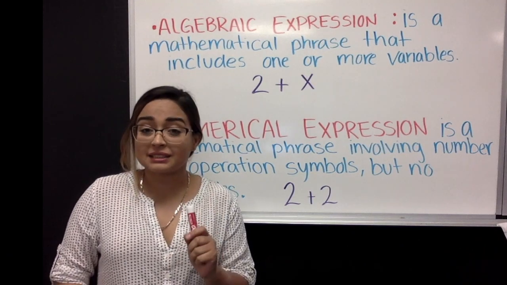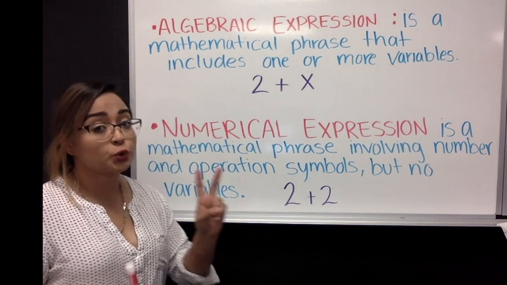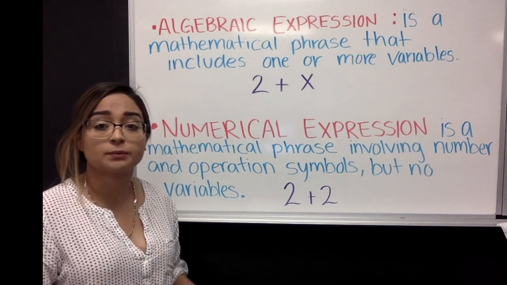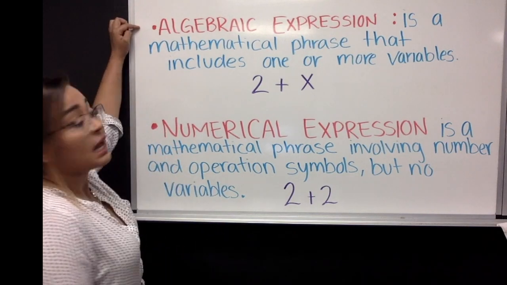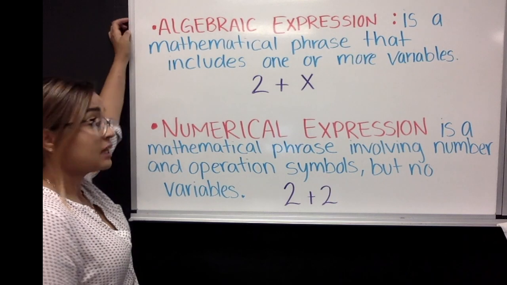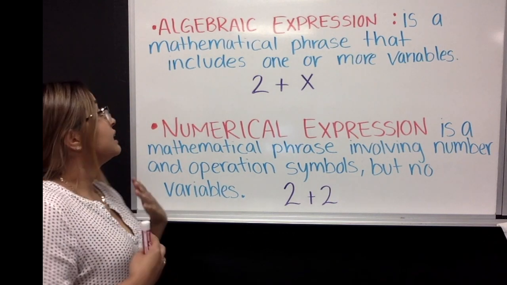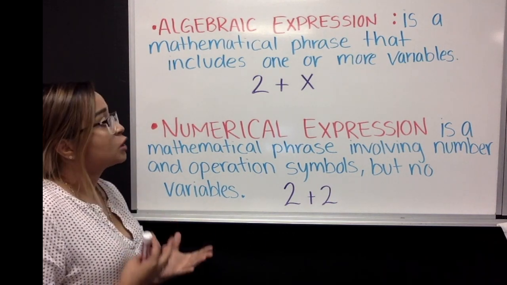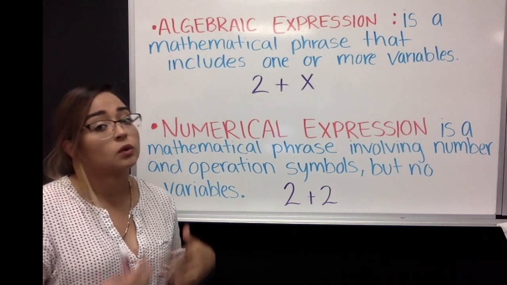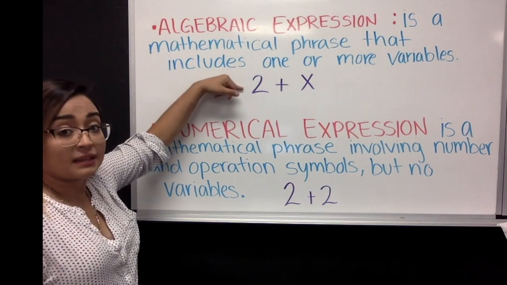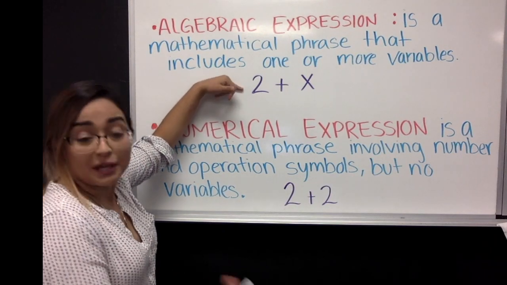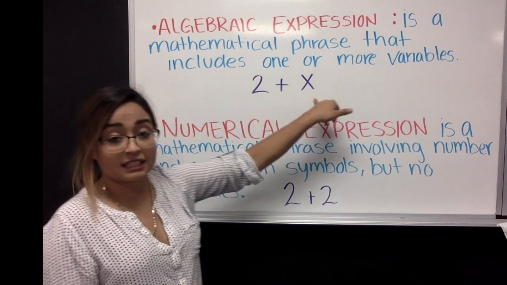Okay, next up, we're going to go over the 2 types of expressions that we're going to be seeing throughout this concept. Number 1, algebraic expressions. An algebraic expression is a mathematical phrase that includes one or more variables. That means you will have a mathematical phrase, or better said, a math problem that's going to look like this.